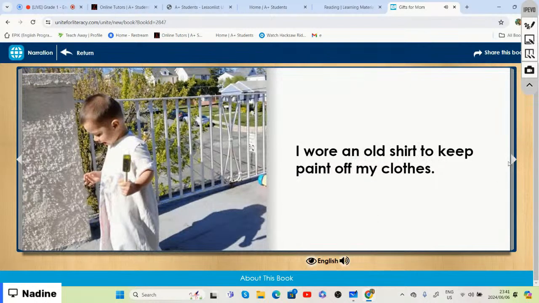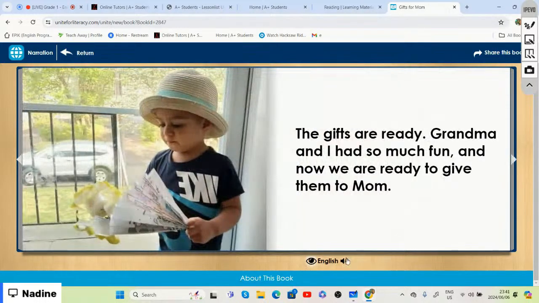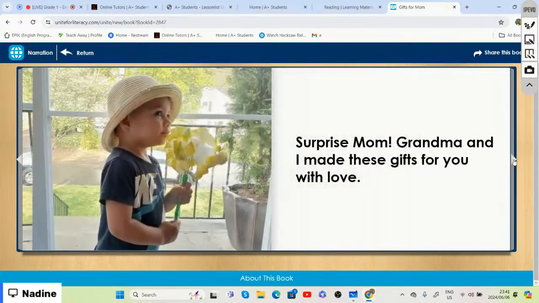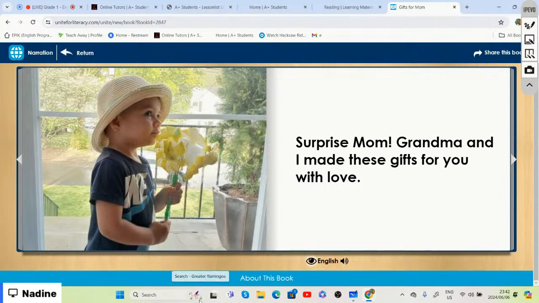I wore an old shirt to keep paint off my clothes. Grandma showed me how to do it, and then I started painting the petals. Mom is going to like it. The gifts are ready. Grandma and I had so much fun, and now we are ready to give them to Mom. Surprise, Mom! Grandma and I made these gifts for you with love.